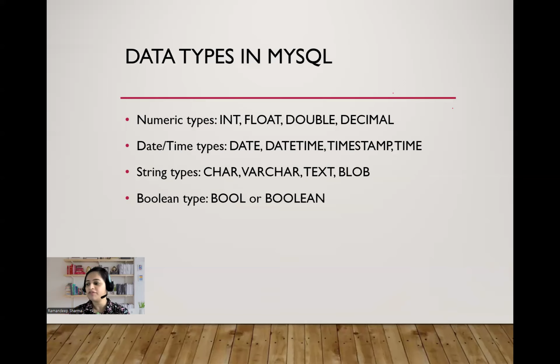Once we have created a database, our next step is to create tables. But before creating tables, it is mandatory to know the basics of creating a table, because in a table we have to create columns as well, and we need to define the data type of each column. So we have to learn the data types in MySQL before creating a table. In a database, we have to create multiple types of tables, and in those we have different types of data. Let's suppose we create a student table.